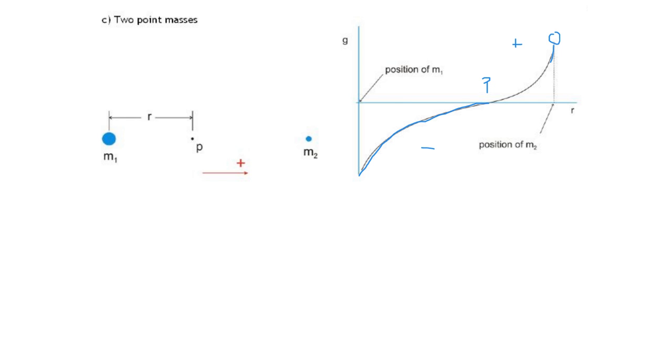The positive and negative signs in this graph demonstrate the direction of the force acting. So in the first part of the graph, the force is acting towards M1, which is the opposite to what we've considered to be positive. And as we approach P, as we approach 0 field strength, then as we go towards M2, the force per unit mass is now positive, right? So it's negative and then positive.